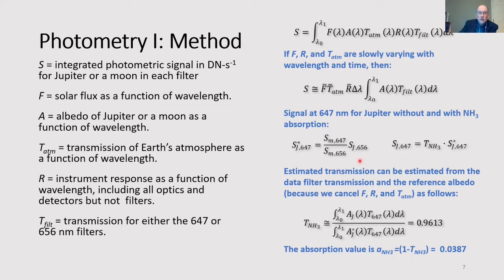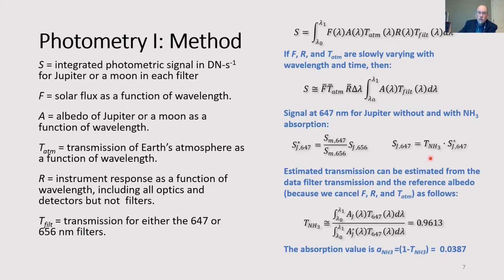Multiply that by the signal at Jupiter at 656 nanometers, and you'd get the hypothetical 647 ammonia-free signal. Now, what you actually see, of course, is Jupiter with the ammonia absorption at 647, and that's simply the product of that hypothetical continuum signal with the transmission of ammonia in Jupiter's atmosphere.